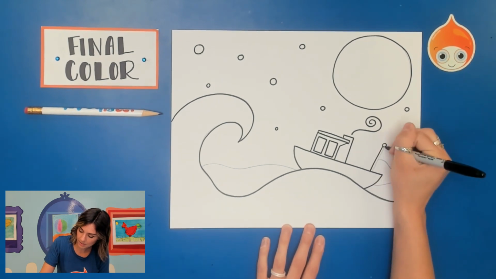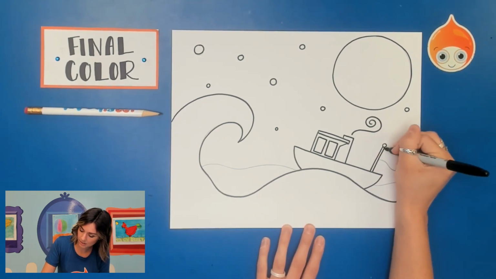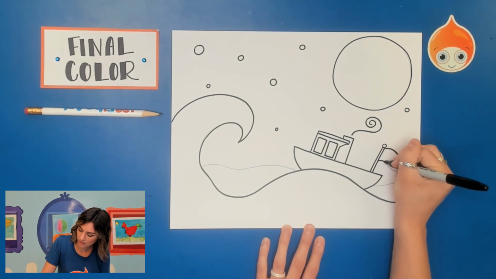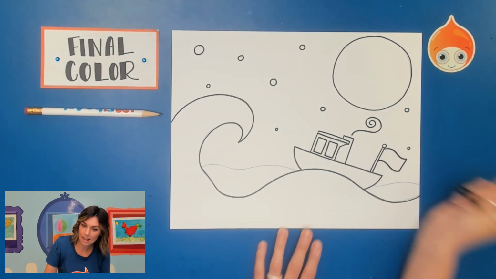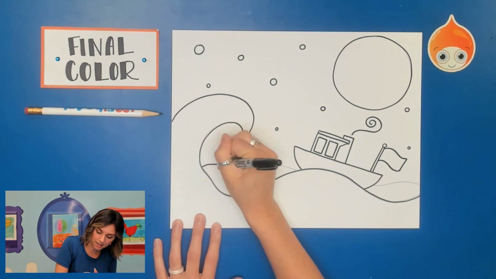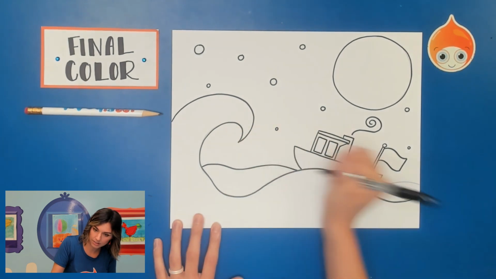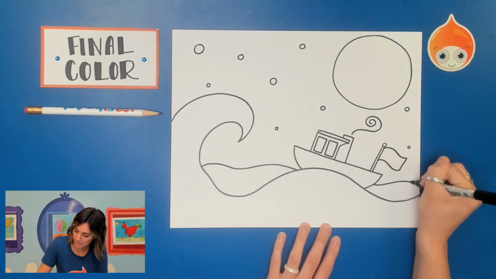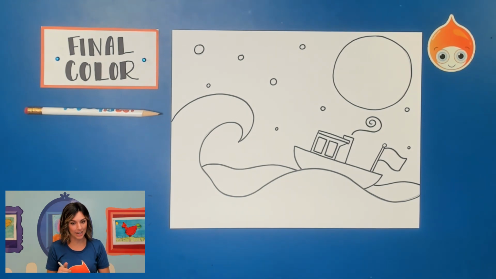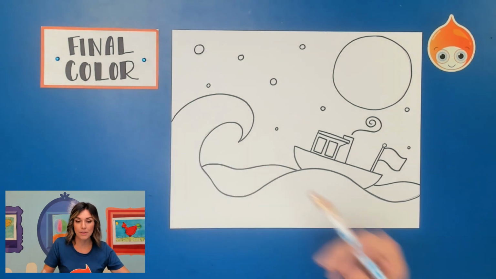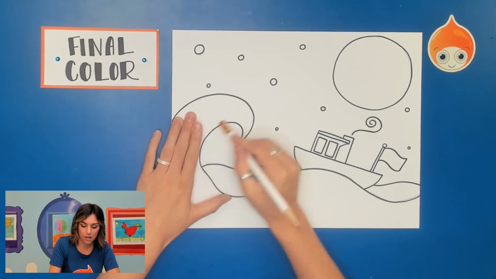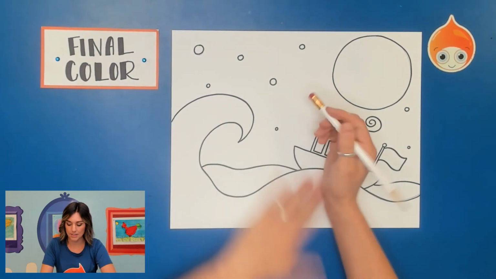Straight line here and straight line there. And then don't forget your wavy lines on the back right here. When you are done outlining your picture, you can go ahead, put that Sharpie away, and you can erase all of those pencil lines.